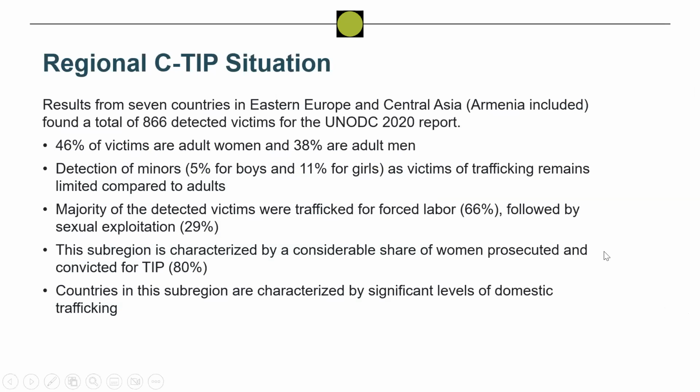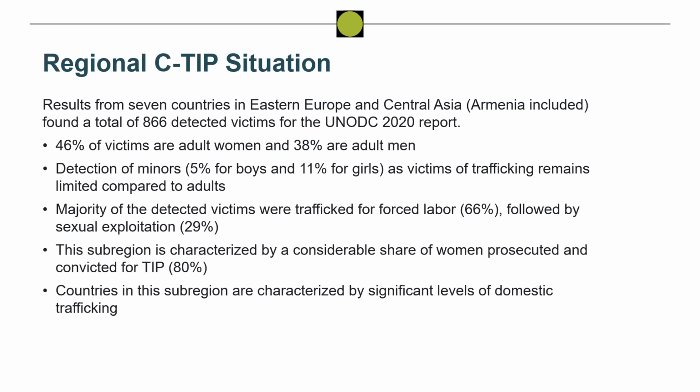So when we look at globally the situation of trafficking in person, we wanted to zero in on this region, which is Eastern Europe and Central Asia, because our work for counter-trafficking is actually in Armenia, and we wanted to bring out, so what are we seeing? What is coming out in terms of the regional situation?